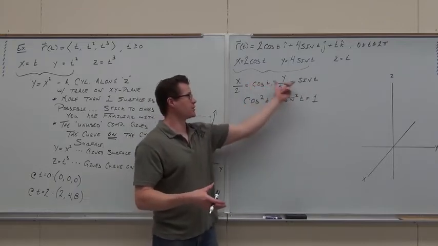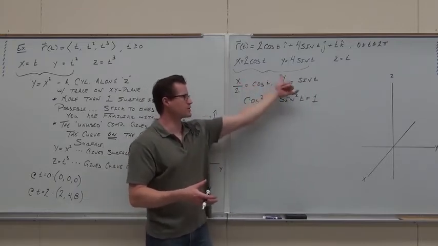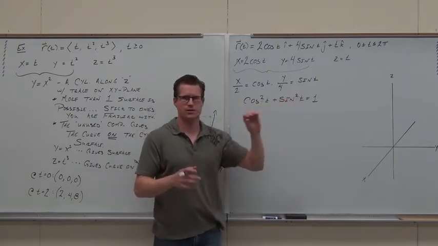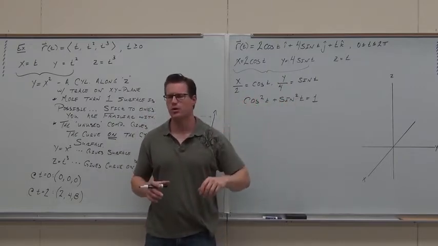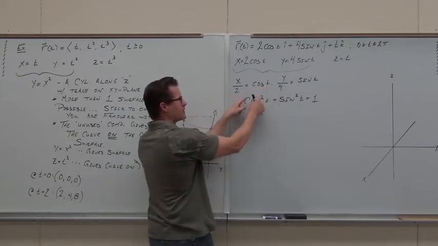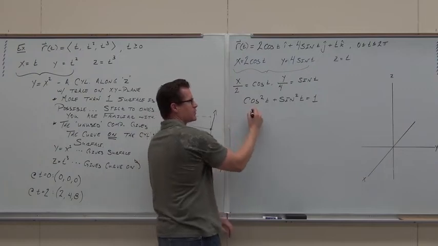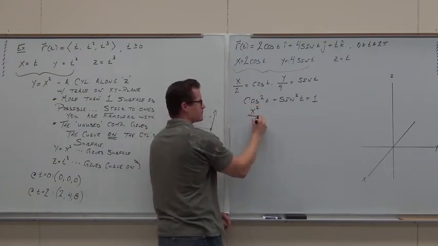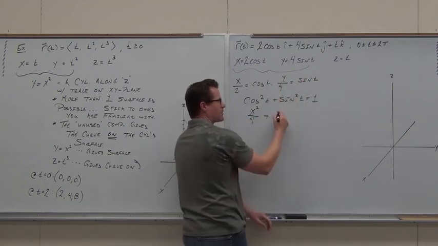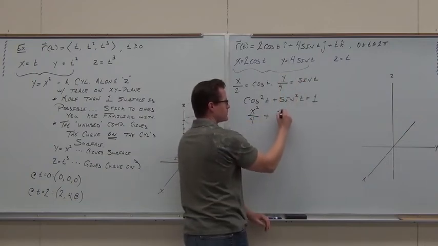So if I solve for cosine and sine, I got it. That's x over 2, that's y over 4, respectively. But I also know that cosine squared plus sine squared, as long as you have the same parameter, always equals 1. Which means I can take my cosine and substitute x over 2 for it. I can take my sine and substitute y over 4 for it.